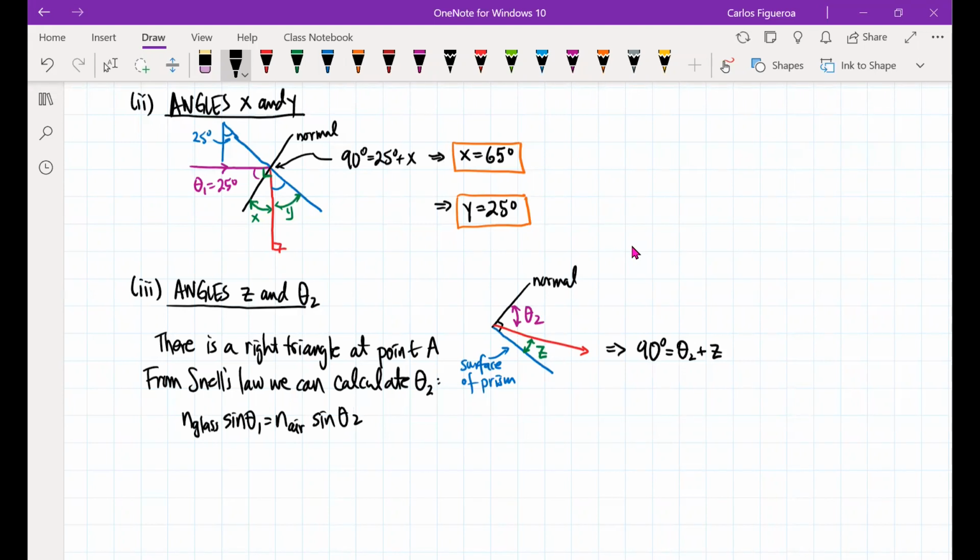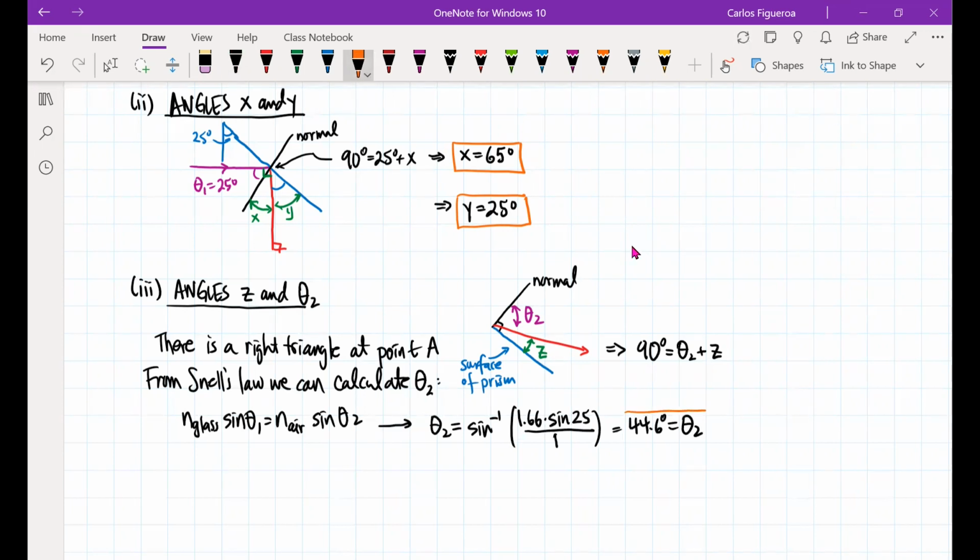Then solving for theta 2, I'm going to get the sine inverse. And this should give me 1.66 times the sine of 25 degrees divided by 1, which then gives us 44.6 degrees for theta 2.